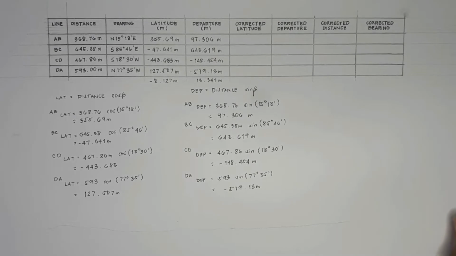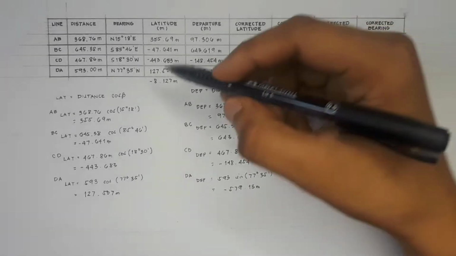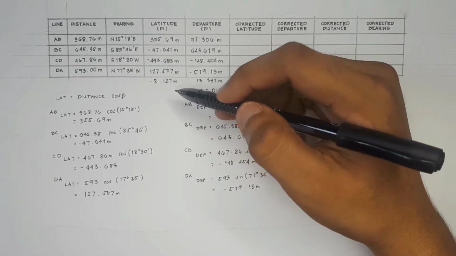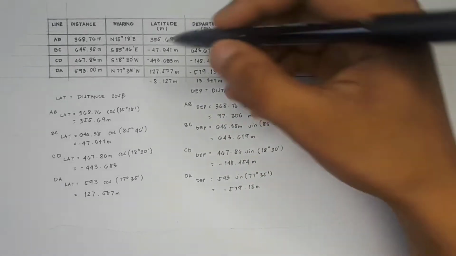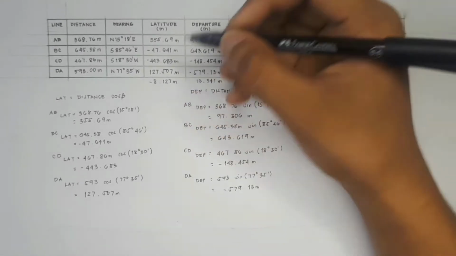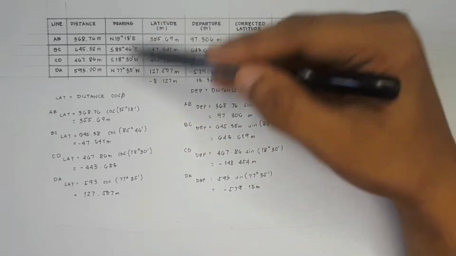So now the negative error here in latitude means that we are lacking 8.127 meters in our latitude.